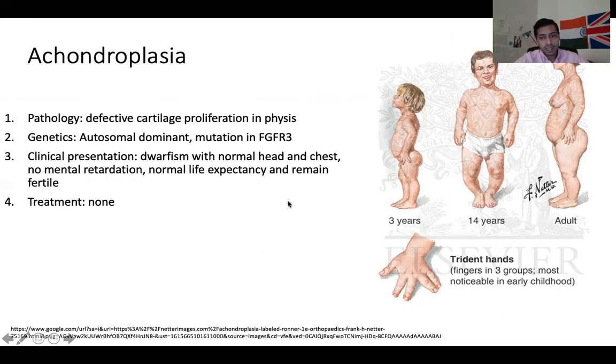Another feature is that they often have trident hands, and this is where, as you can see in the information, the 5 fingers are basically broken down into 3 groups, where you have the thumb, and then the second and the third finger as a group, and then the 4th and the 5th as the other group.